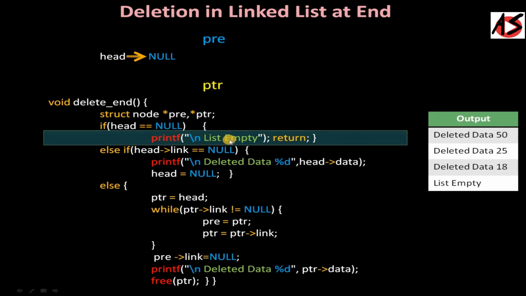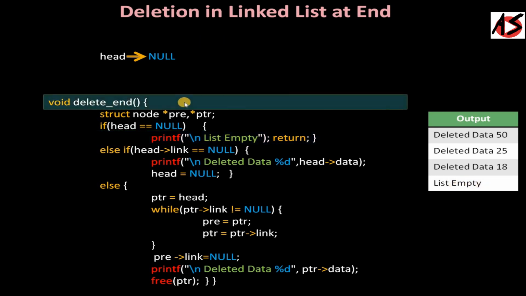So you are going inside the condition and you are printing list empty. So now no more nodes are available for deletion. So when you call this function again and again, every time you will get this condition from now onwards, that is list empty. So this is what deletion in the linked list at the end is about.